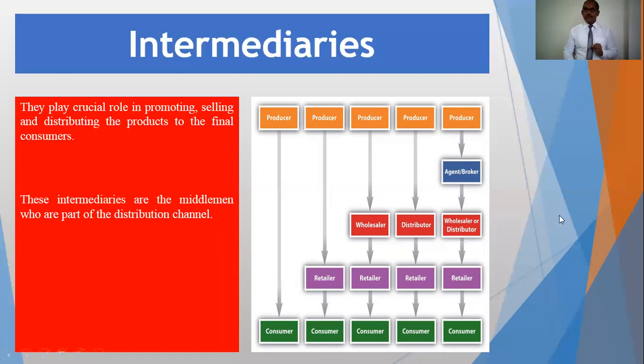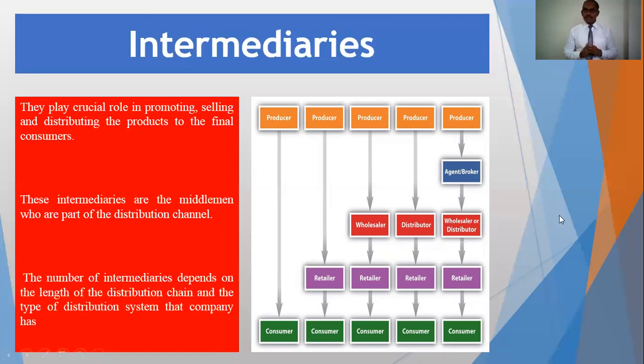Their role is very crucial in achieving the success of any product. How many intermediaries will exist depends on the kind of distribution chain or distribution system that the company has. It decides the number of intermediaries.